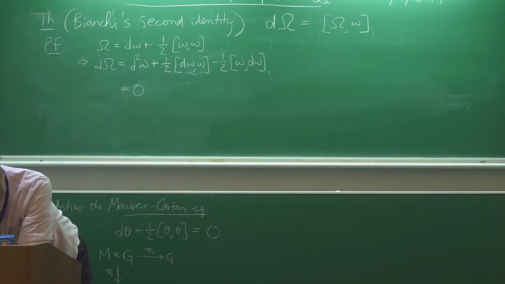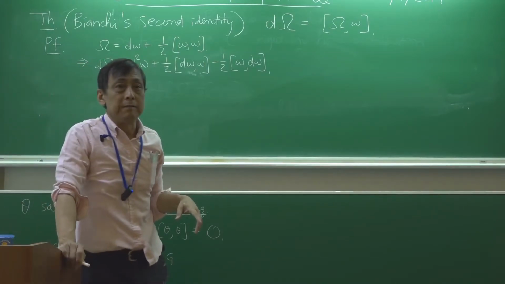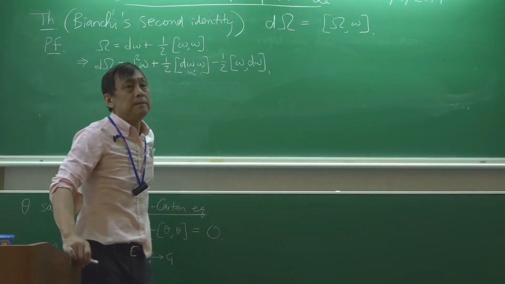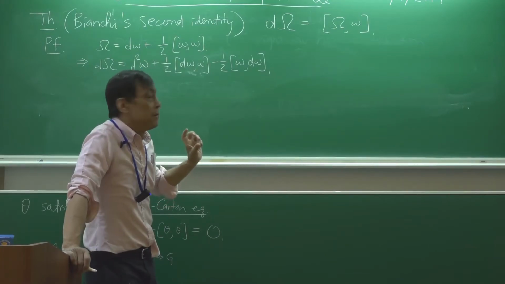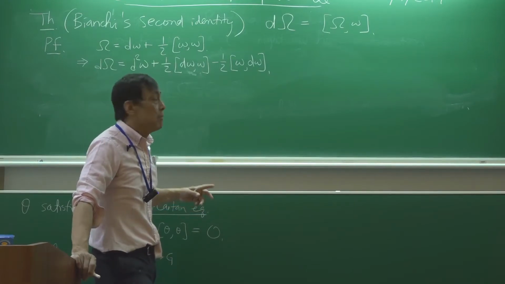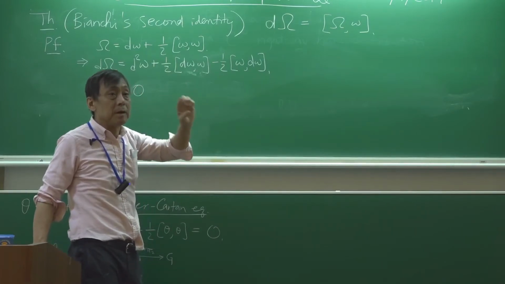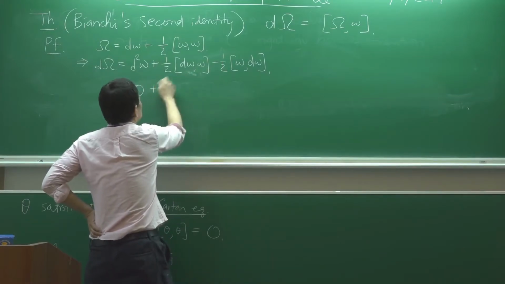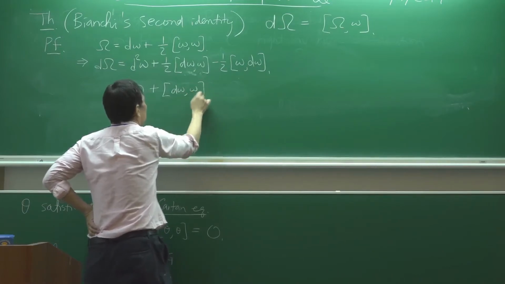So if you switch those two, there's a sign, and the sign is -1 to the degree of this times the degree of that. So the sign that comes from switching these two is +1. However, you have a Lie bracket there, so when you switch the two, there's a -1.